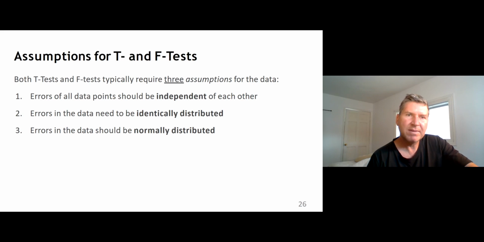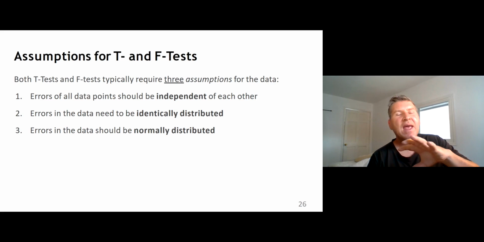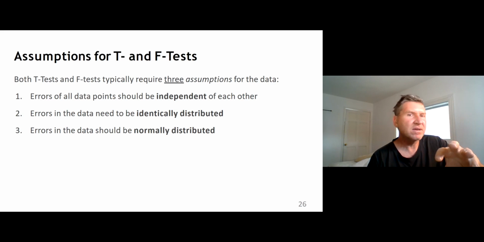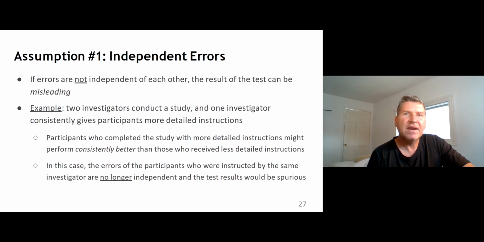So remember we talked about random versus systematic error? Well, we want to make sure that these errors, if there are any, are random as opposed to systematic. Because if they're systematic, they're not going to be independent. They're not going to be identically distributed because they tend to go lower or they tend to go higher. So if the errors are not independent, then we could have misleading information.